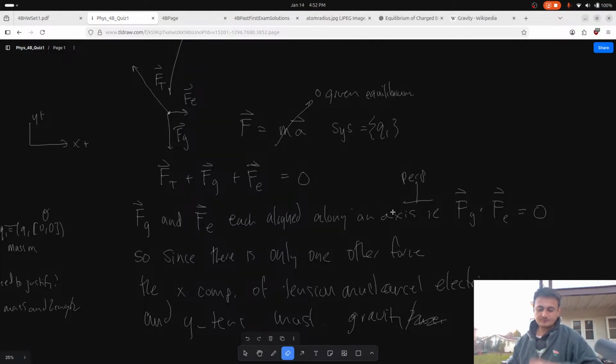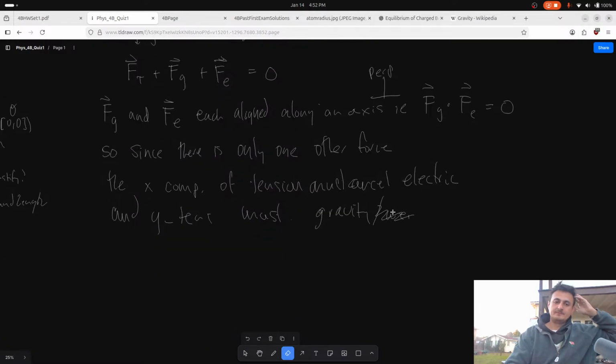Okay, so where do we go from here? We go from here to split the problem component-wise.